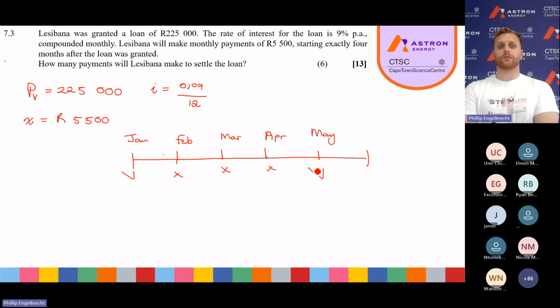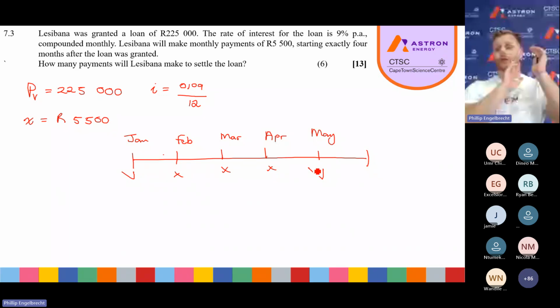So what has happened, guys? Remember that 225,000 Rand is the money that you owe the bank. But if you miss payments, that amount that you owe the bank starts growing every month.